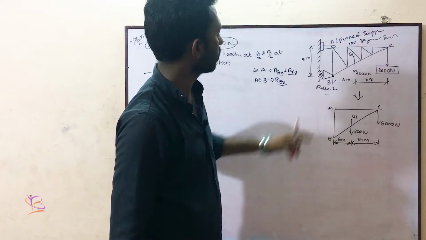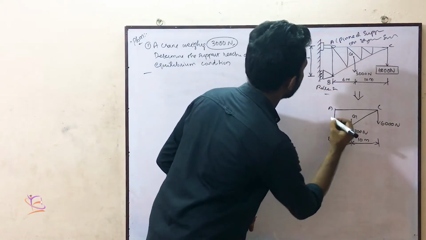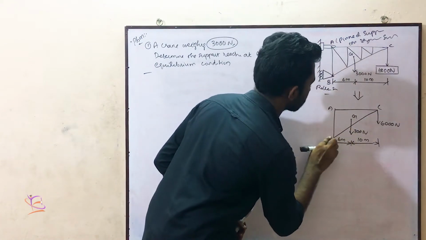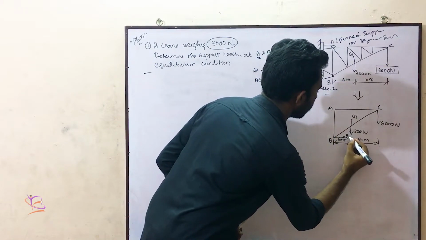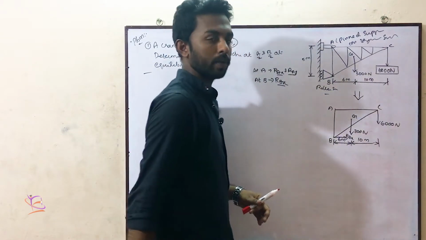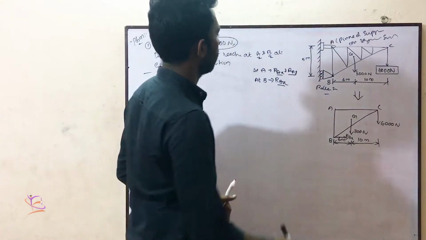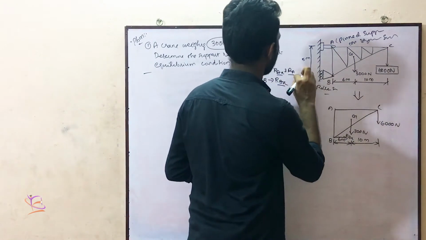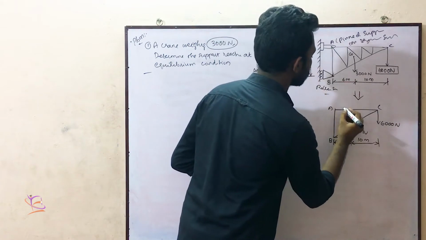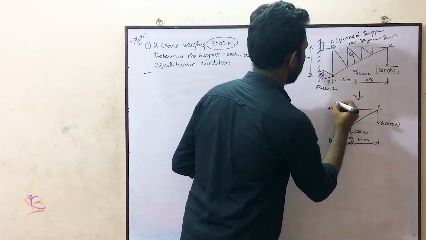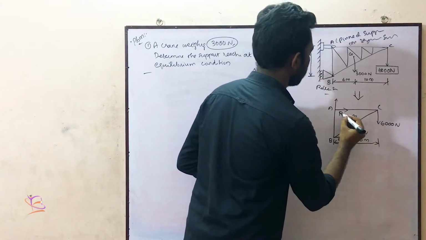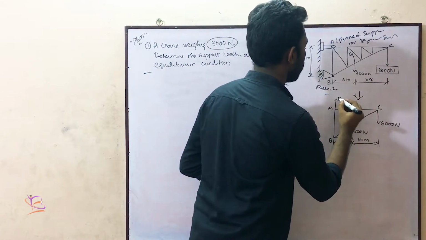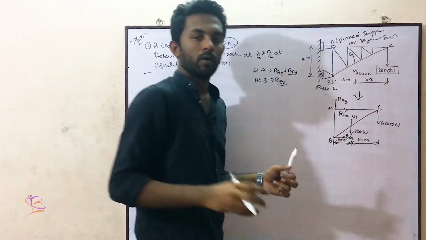Now, another thing is these supports. So here, roller support, only X reaction. So R, B, X. R, B towards X. We already know this. Here X and Y is there. So we are taking towards a positive direction. R, A, X. R, A, Y. Okay.